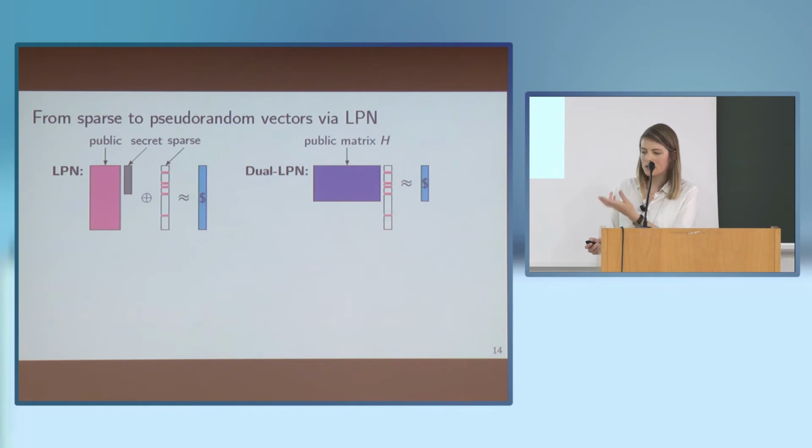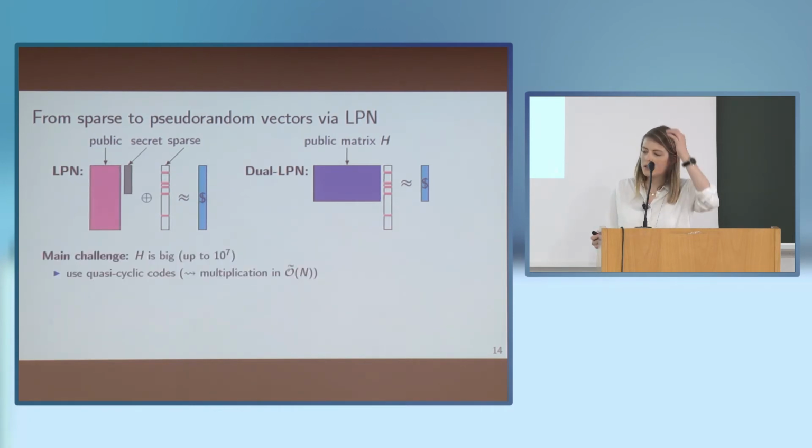So this is dual LPN, and this is what we will use, because it has two properties. First of all, we get something pseudorandom by applying it to something sparse. And second of all, it's linear. So we can do the same trick as we did going from a unit vector to a sparse vector. We can multiply it to all the shares separately, and then we get an additive secret sharing of this pseudorandom vector times y.